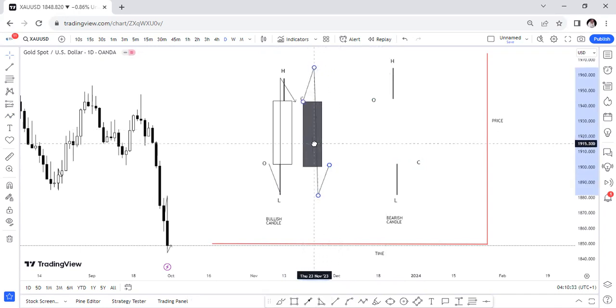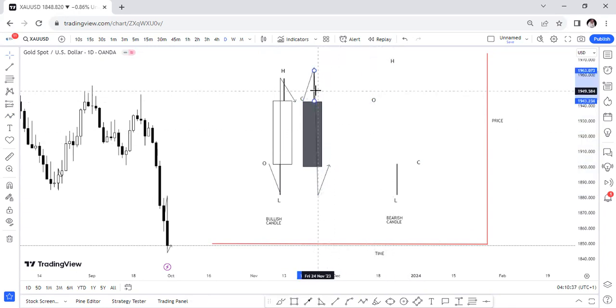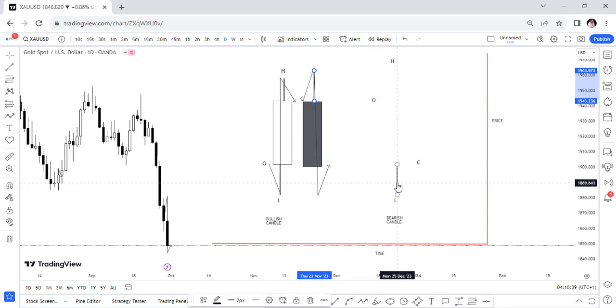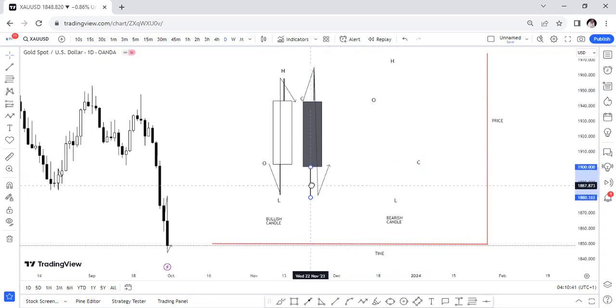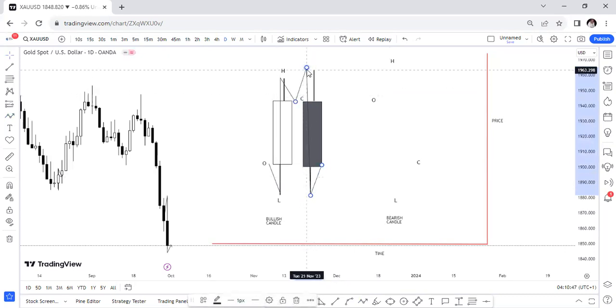It gives us this combination of candlestick.